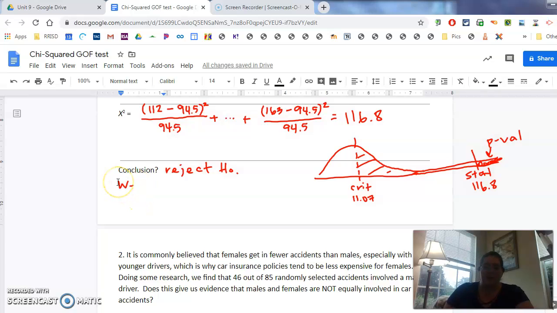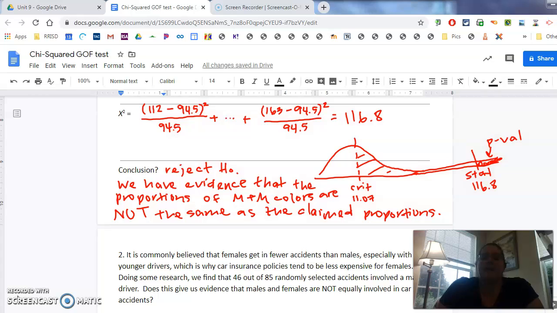So we have evidence that the proportions of M&M colors are not the same as what the M&M's company said it was. I'm going to write that real quick and come back.